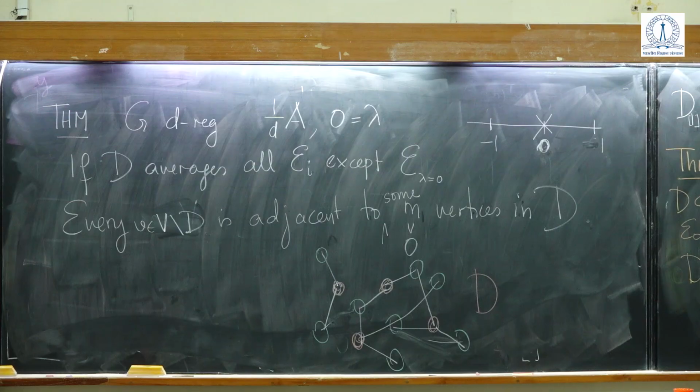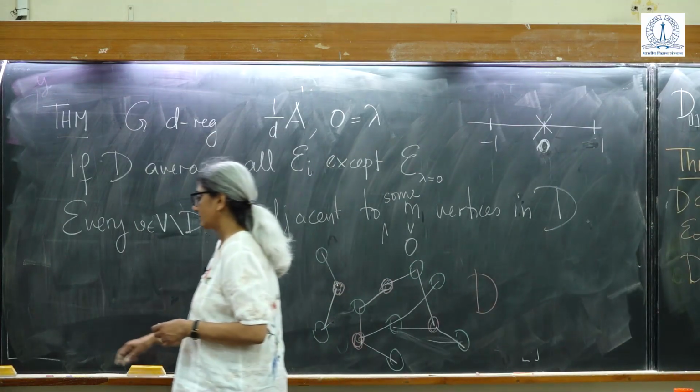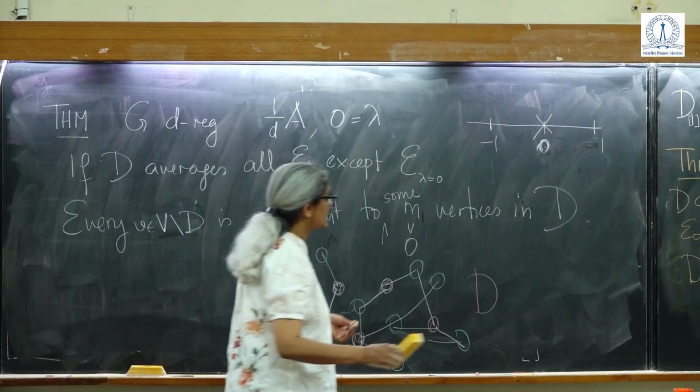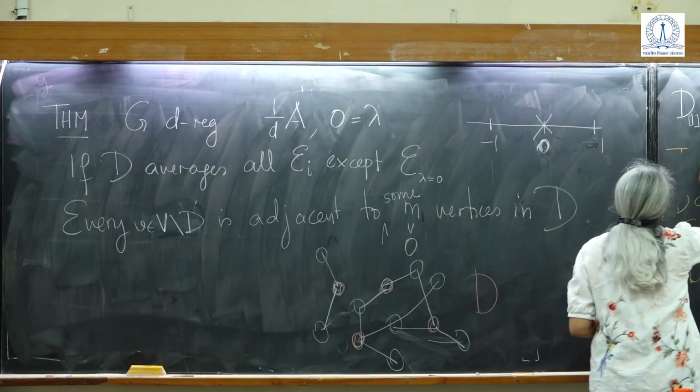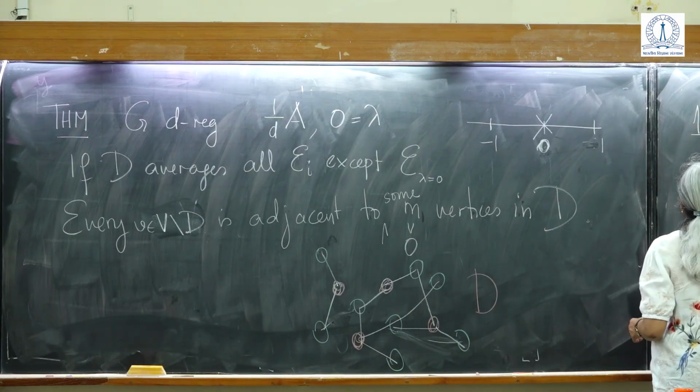And the argument is a random walk argument, basically, okay? So the idea is the following. If you have such a design that can average everything except the eigenspace of 0, then it means that it lies in the span of the all ones eigenvector and some eigenvector of 0. Do you agree with that? So let me write it. I take the design and I look at its characteristic vector.